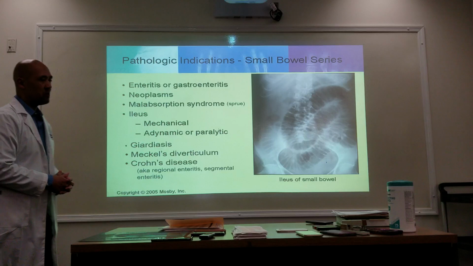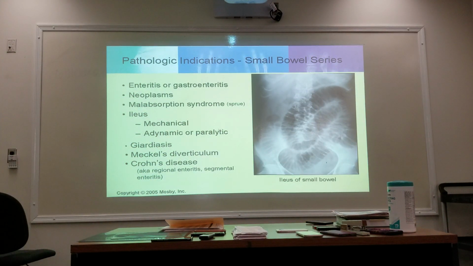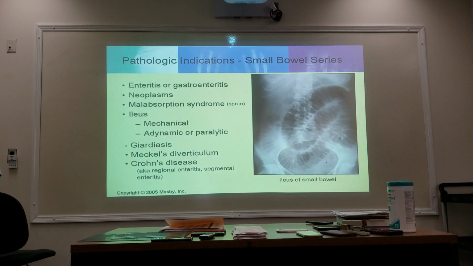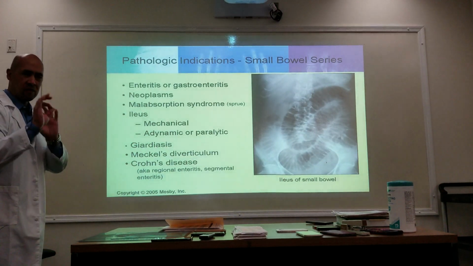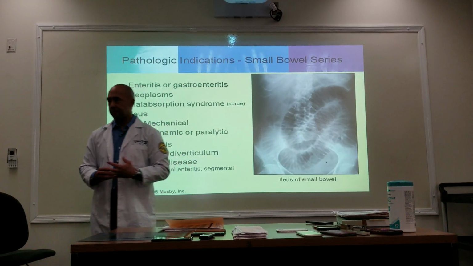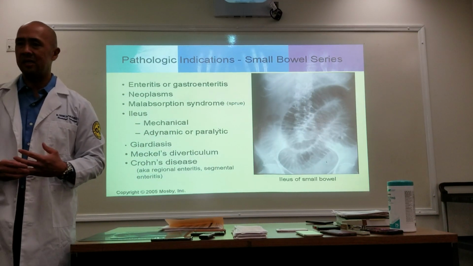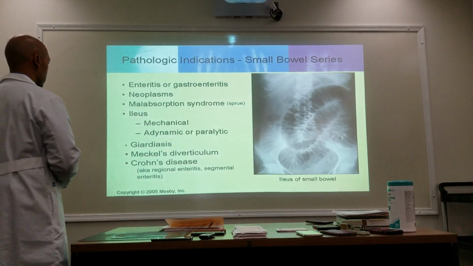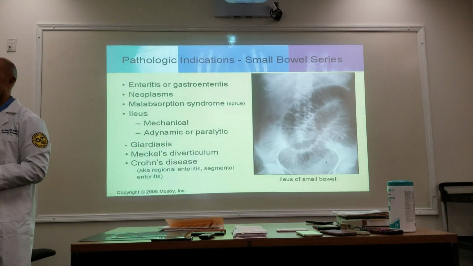You can generally tell someone who may have a small bowel obstruction by the distension of their abdomen. When we're talking about ileus, and we'll talk about this later on, just write this down because I might forget later: you cannot see fluid levels of an ileus in an upright position.